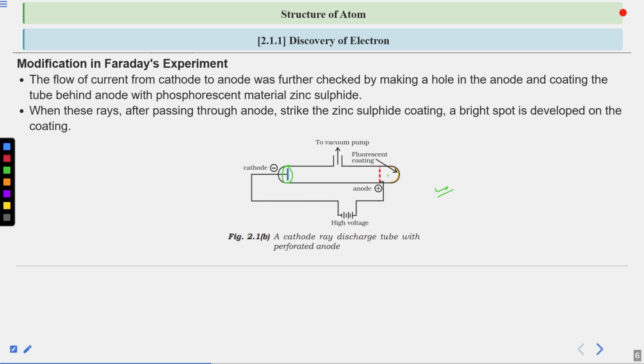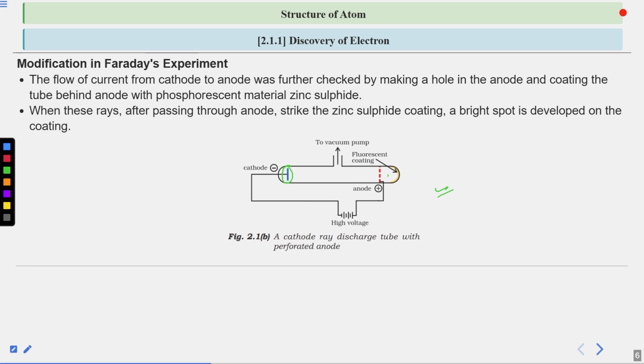Now this gap in between the dashes represents the hole, the hole through which the electron can flow. Now these electrons will hit the anode as well as the tube that is present at the back because of the space that is present. So they will pass through this hole and hit this tube.